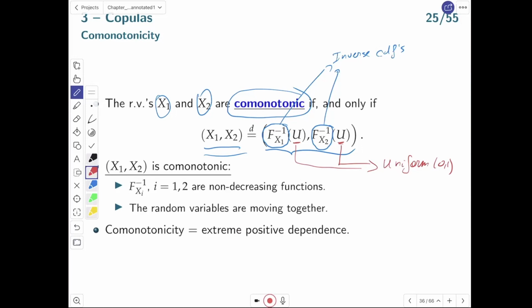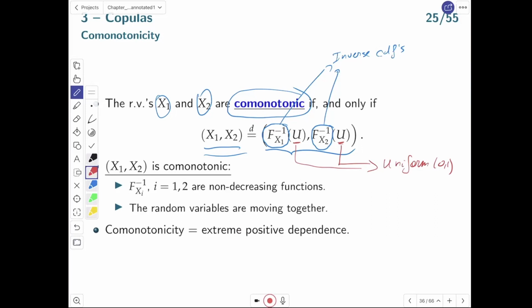You can extend this, that's what we will do in the next chapter, to more than 2 random variables: 3, 4, 5, 10, 100. It will remain essentially a one-dimensional problem because there's only one random variable U involved in the whole game, right? So comonotonicity means that you are reducing your two-dimensional problem (X1, X2) to basically a one-dimensional problem of finding the random variable U, right? That's the first observation.